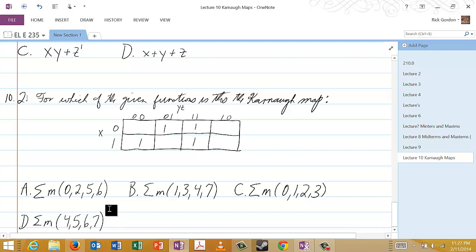Each of them is given in decimal form, or equivalently, we could say in the little m notation. One of these is the correct expression for this Karnaugh map. Which one is it? So that concludes Lecture 10, and good luck.